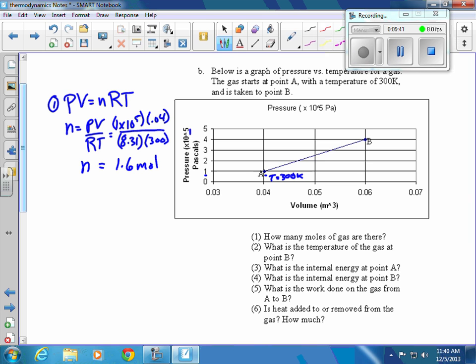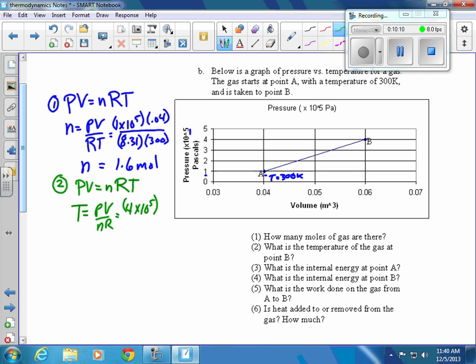Step 2. What is the temperature at point B? I could use PV over T equals PV over T, but I think it's probably easier to just use PV equals nRT again, because I know n now. I'm trying to find temperature, so I divide by nR, so T is PV over nR. The pressure at B is 4 times 10 to the 5th.